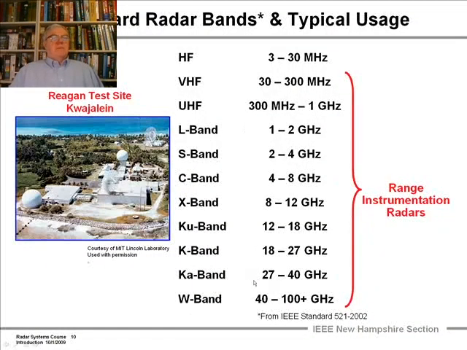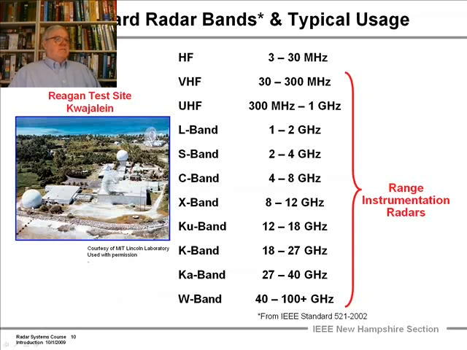Now, if we're interested in what I call scorekeeping, that is having a set of radars for a test of a missile intercept, or you want to fly a missile and see how well it operated, and you want to measure the characteristics of that missile at many different frequencies. The radars that do this are called range instrumentation radars.